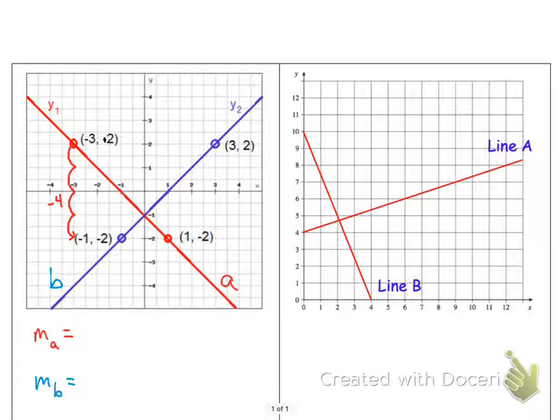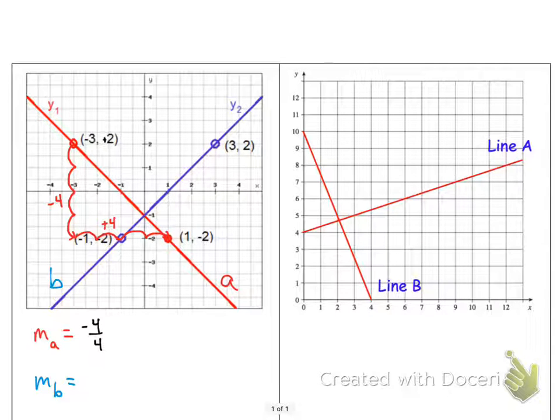My run is going to be going this way. 1, 2, 3, 4. So positive or negative 4 there? Positive 4. So my slope, and I'm not even going to worry about simplifying this, really, is going to be negative 4 over 4. Rise over run. You've been finding slope for many, many years, so we know how to find slope. That's all well and good.